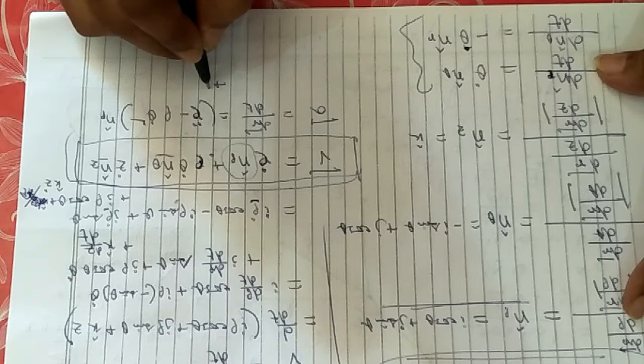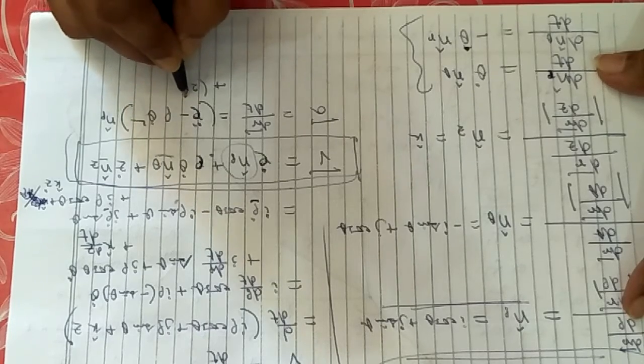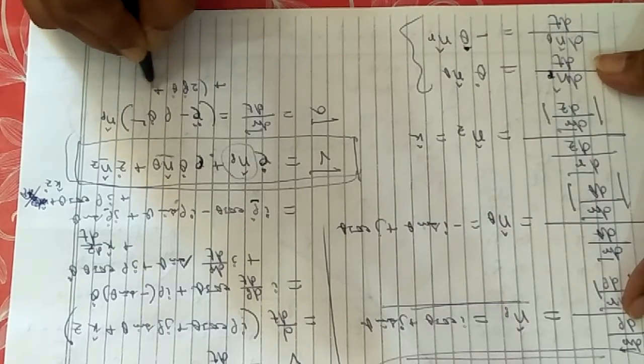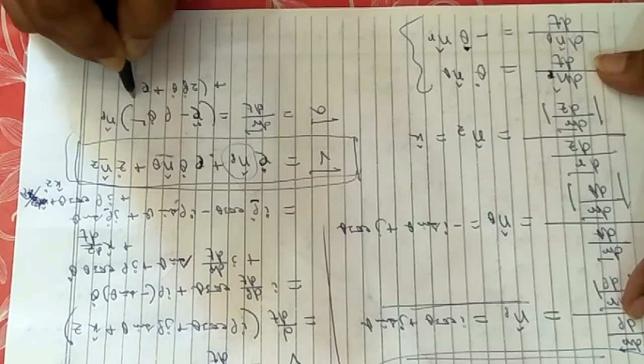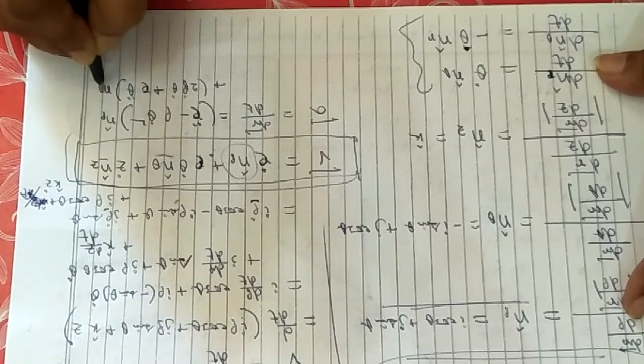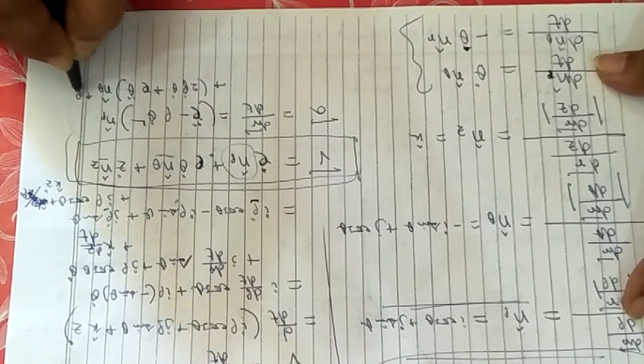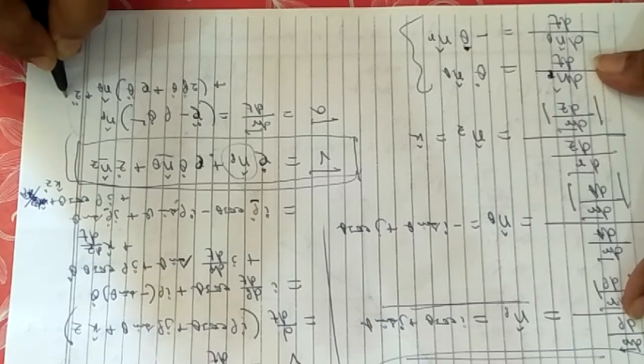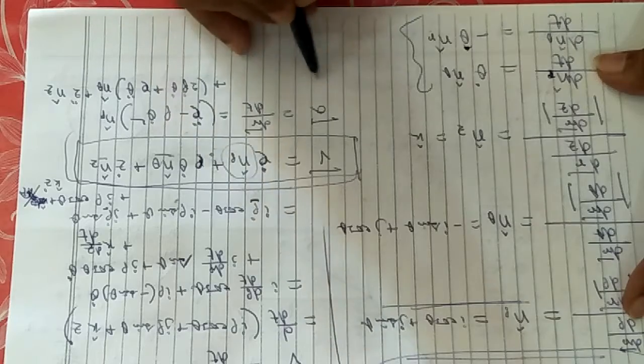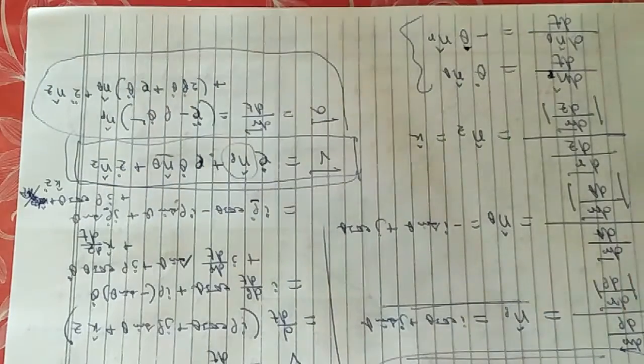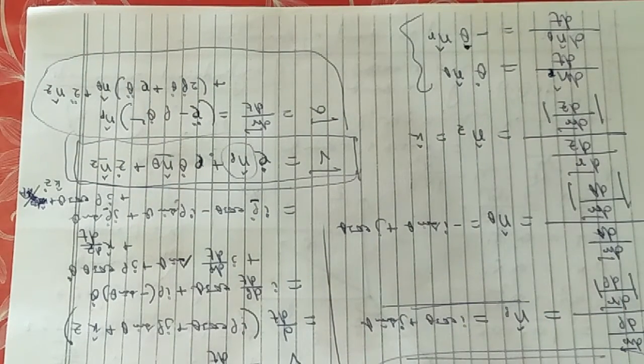This is the first term. Second term will be 2 rho dot theta dot plus rho theta double dot into n theta cap plus z double dot into n z cap. Here also the acceleration will be calculated in terms of rho, theta and z.